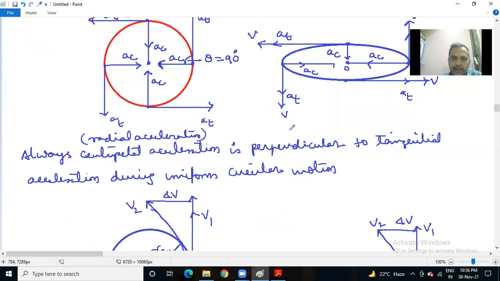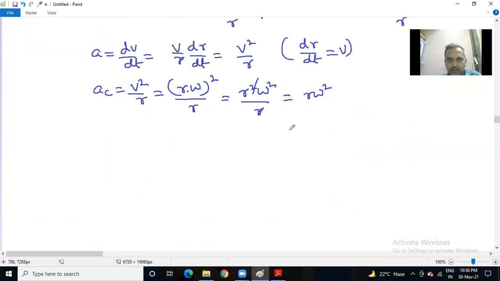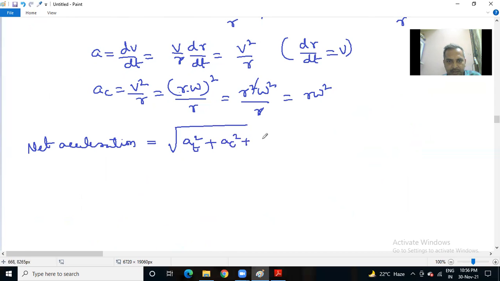Now we can write the net acceleration. Making use of the parallelogram law once again, net acceleration squared is tangential acceleration squared plus centripetal acceleration squared plus 2 AT AC cos theta.